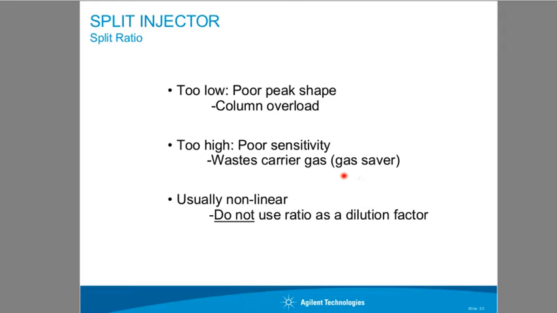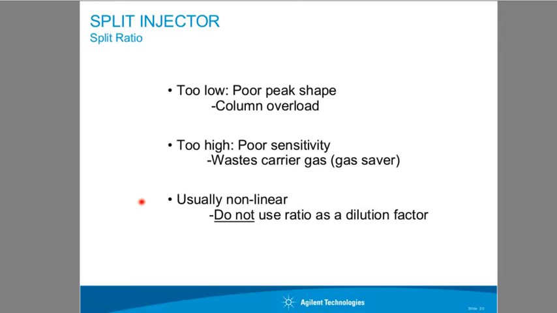We do have an option on the GCs called gas saver. If you've been curious what that is, it will take your high split flow and basically dial it down after a minute or 2 minutes of your analysis. So after you've loaded the sample on the head of the column, you click the gas saver on, you go from pushing 200 mils a minute out the split vent down to 20, so you're saving gas.